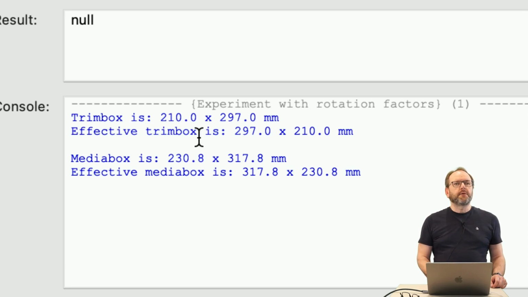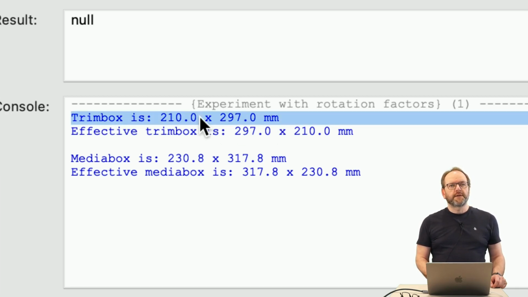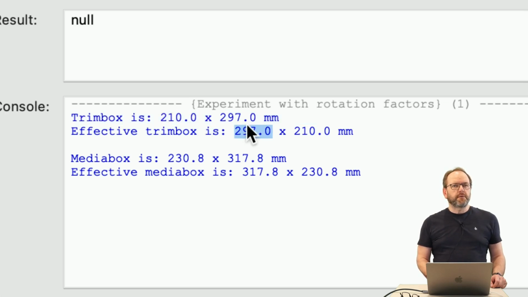The effective trimbox is 297 by 210. So this is width times height that I'm showing here. So this says it is a portrait document, but the effective trimbox correctly states that it is a landscape document. And so the same for the media box.